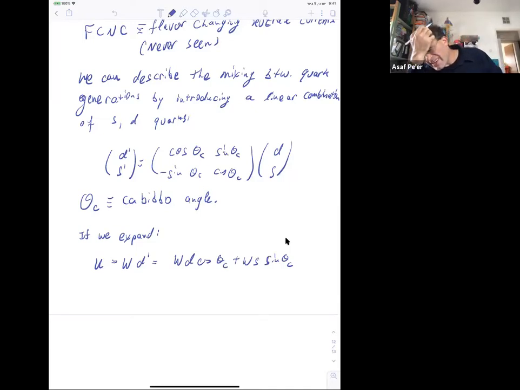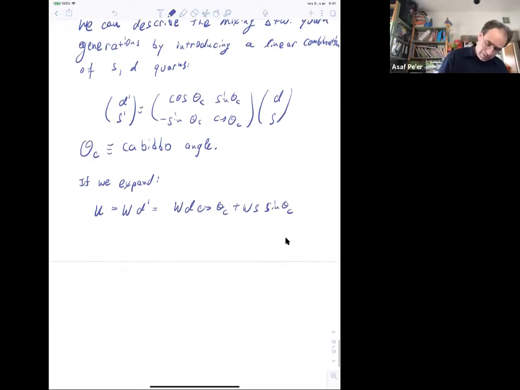So we have a way of treating the two different generations of the quarks, the D and the S, in a way that allows both of them to interact and produce an up quark. So we can have this interpretation as if there are three different couplings for the charged weak interaction.